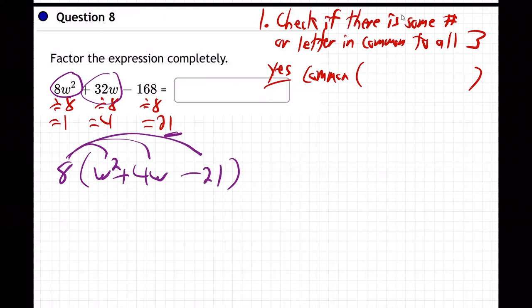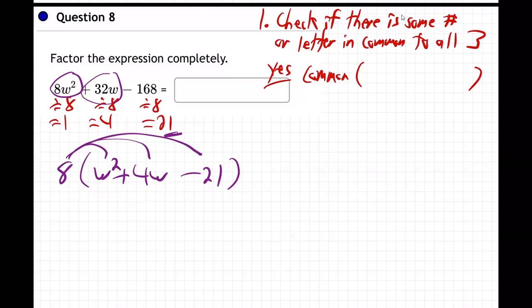Is that good so far? 8 times minus 21 goes back to minus 168. And so that's working.